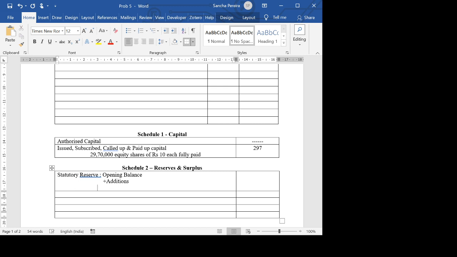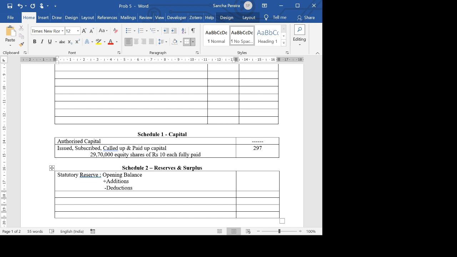We don't have any deductions, so we don't have to show any. Now, what is the opening balance given to us?